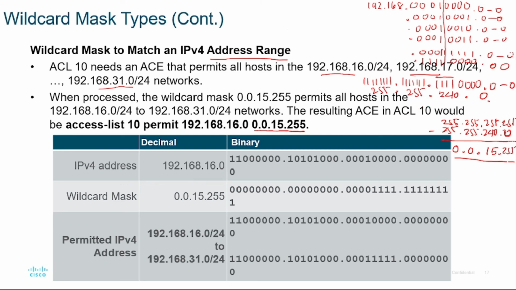That will be the new subnet mask. So this is actually equivalent to 16 plus 4 is 20, slash 20. Right? So that is why they arrive at 0.0.15.255 address range. In order to allow the range of IP addresses, we should apply the summarization.